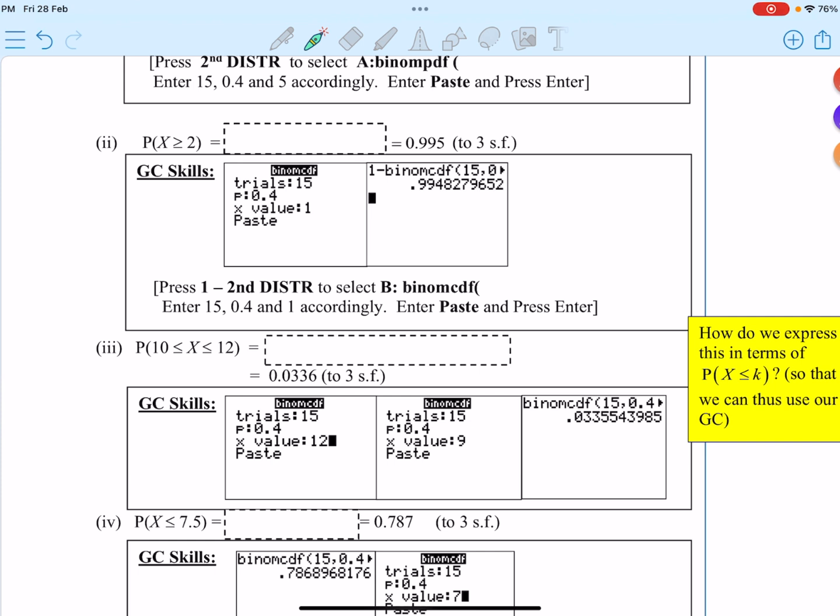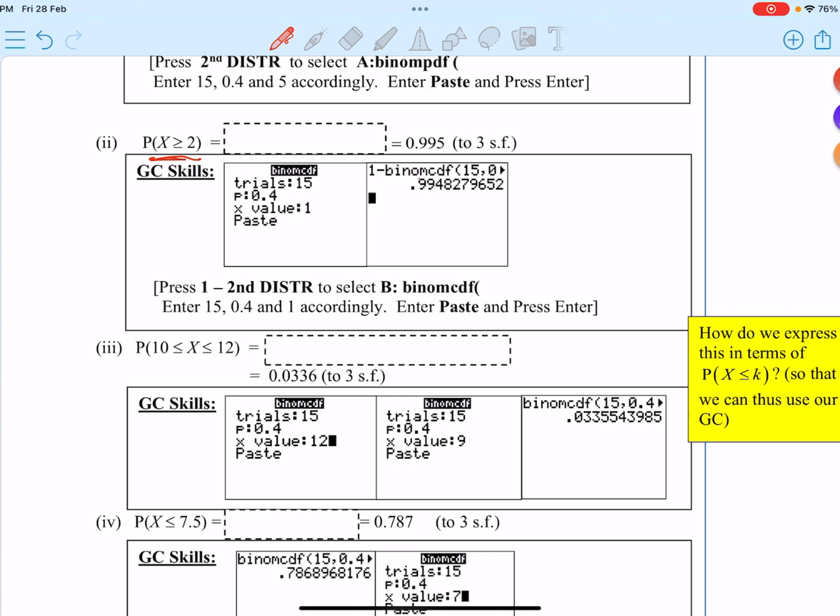Because GC requires you to enter the value and it is included in the calculation, in the form of less than or equal to sign, we need to convert this to less than or equal to.